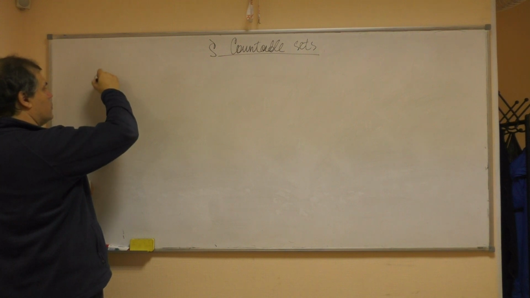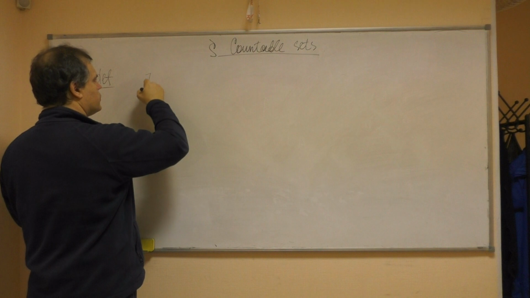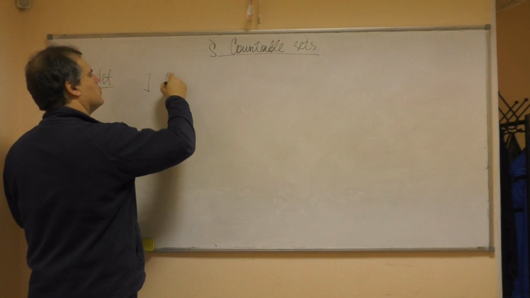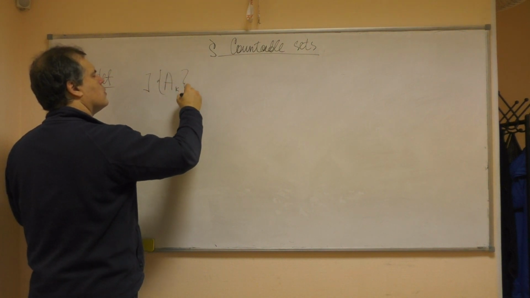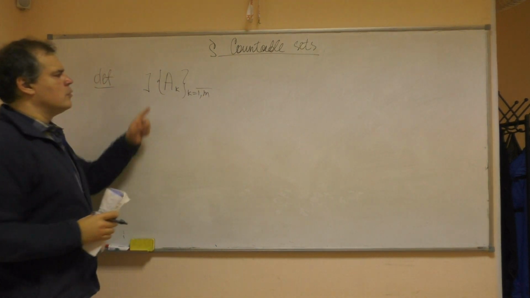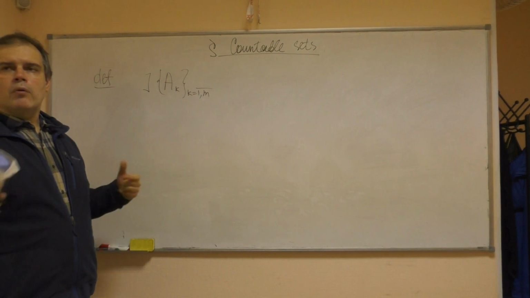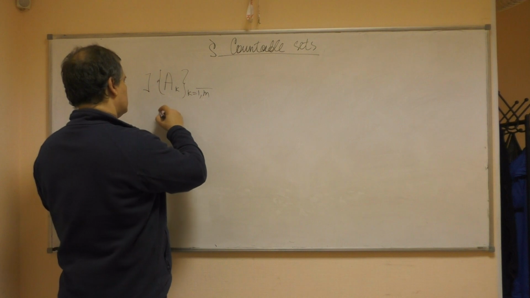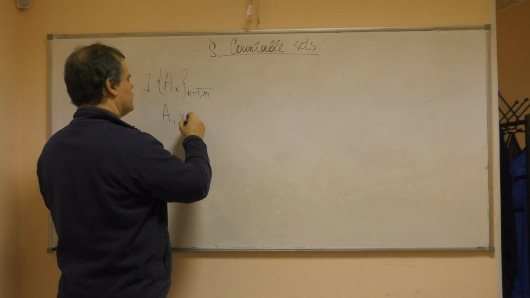One more definition. Let us have some finite family of sets. So, in this family, only finite number m of representatives. And the Cartesian product of these sets is defined like this.